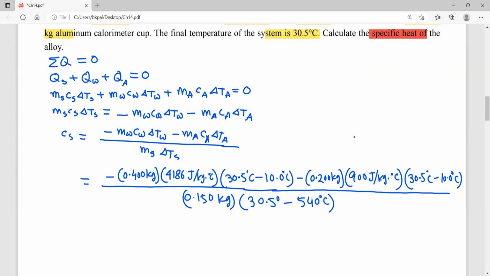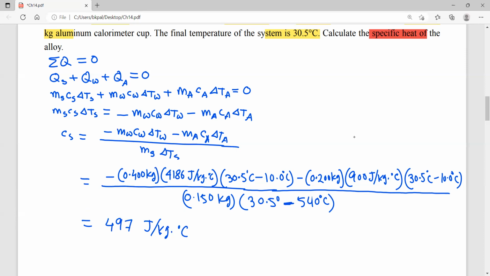Now, if you do the math in your calculator correctly, you will see the value of c_s, I mean the specific heat capacity of the sample, is 497 joule per kilogram degree Celsius. Here you see that this term is negative, and this negative will cancel the negative in the numerator, and that's why we get a positive value. So make sure you understand how I calculated it.